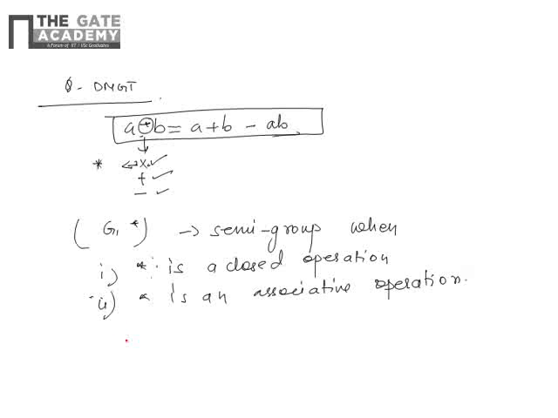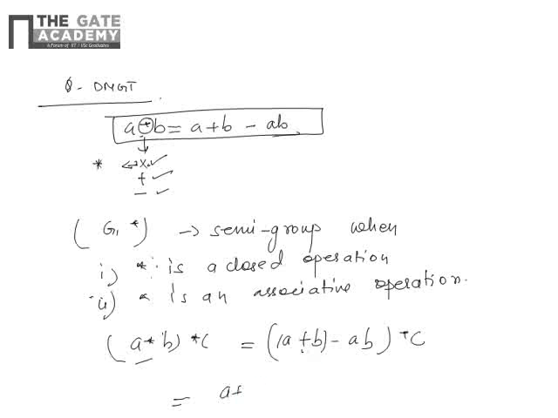So let's say (A star B) star C. What it will be then, A plus B minus AB, because it is given like this, star C. Now here, instead of star you can take these two together, so instead of star there is a plus. So what will be the operation then? It is between two operands, so again it will be divided.